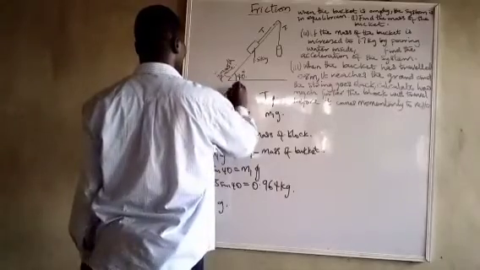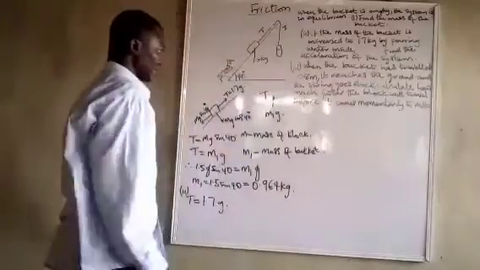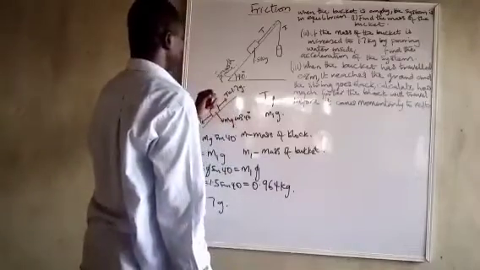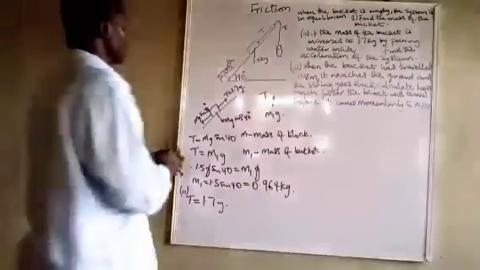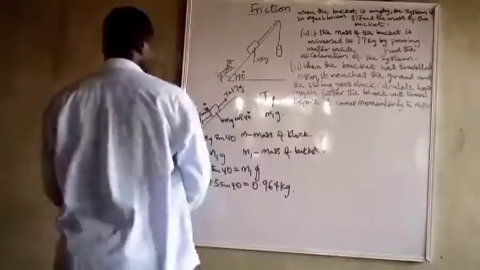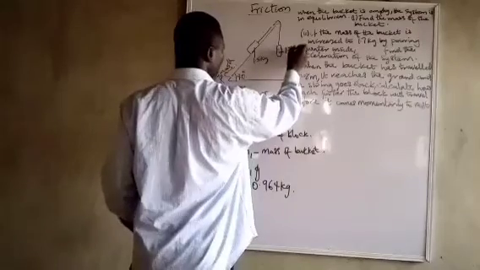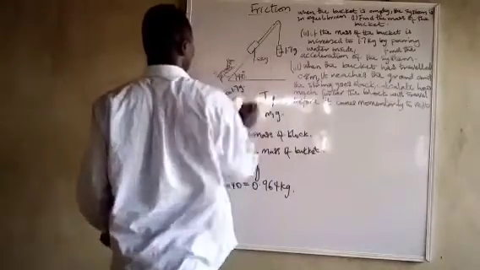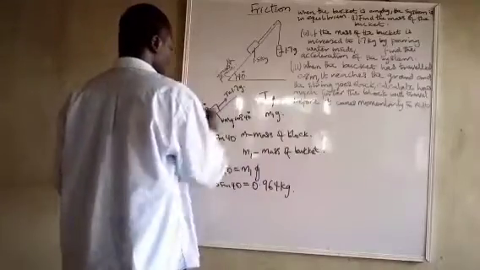It means that T here will be equal to T here. Now this one becomes 1.7 g, and this one is 1.5. Therefore, I have to make an equation like this.